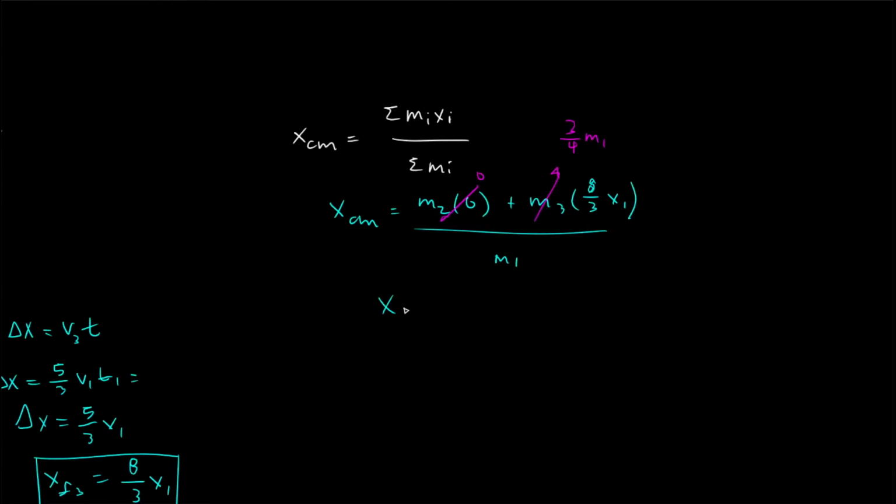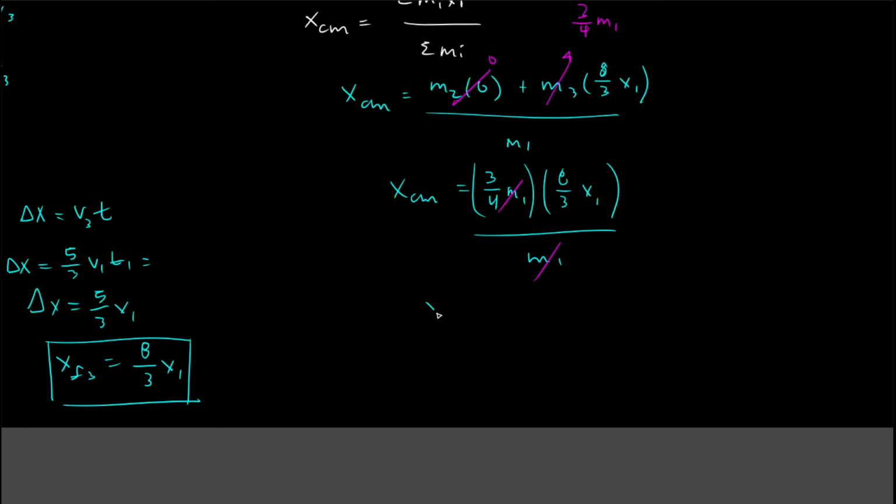So we have the position of the center of mass is 3/4 m1 times 8 thirds xi, all over m1. m1 cancels out.